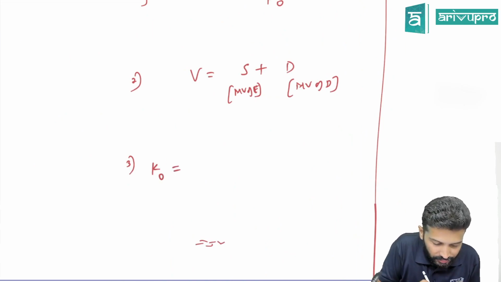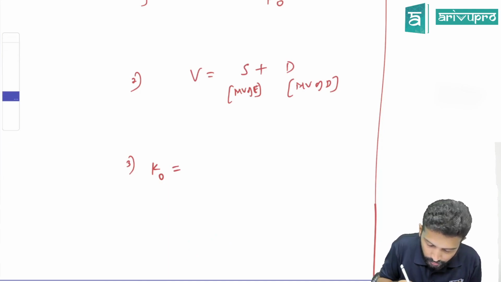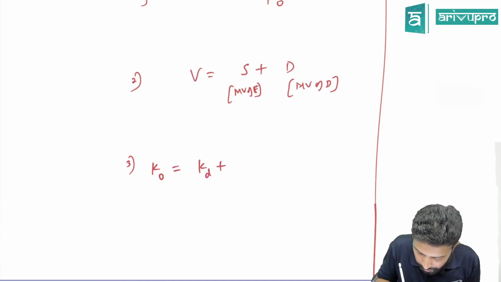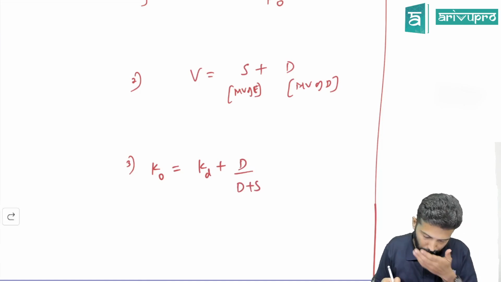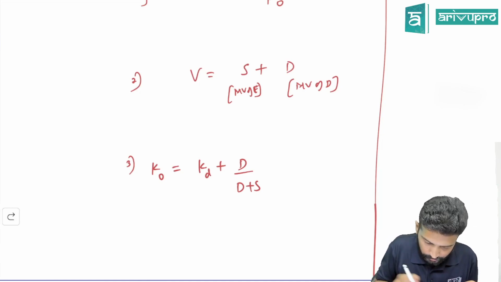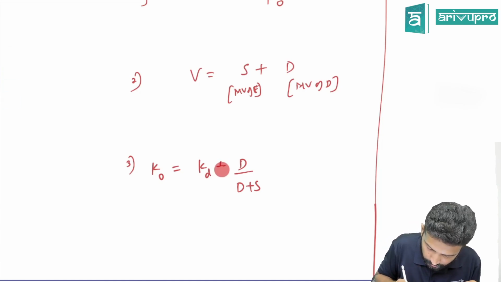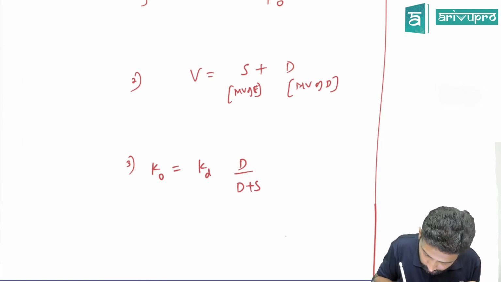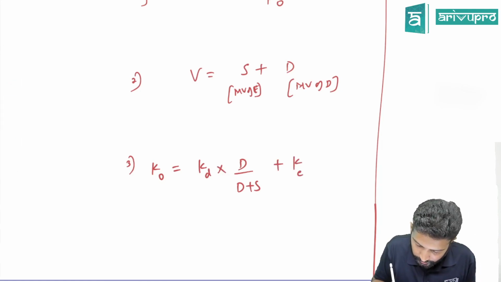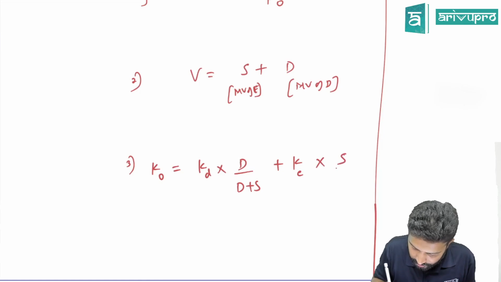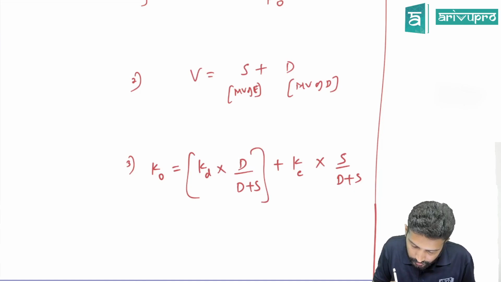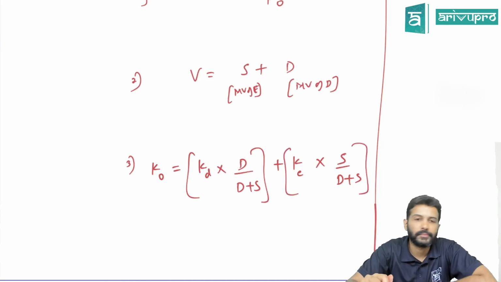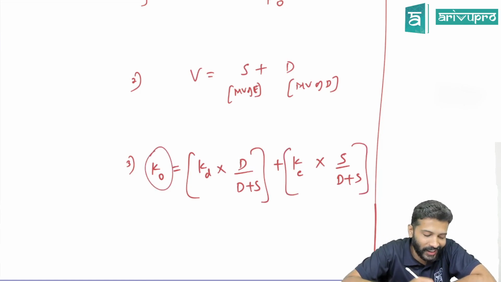Cost of capital is given by cost of debt plus debt divided by S, plus cost of equity multiplied by S divided by D plus S. Another way to calculate cost of capital.